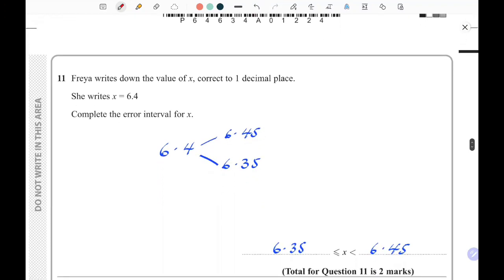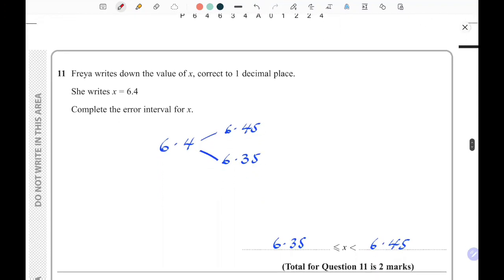Number 11. This is perhaps a little simple for a calculator paper. It doesn't require any calculation. Freya writes down the value of x correct to 1 decimal place. So that means it's been rounded to just 1 decimal place, which is 6.4. So the 0.4 is the decimal place. And therefore, the maximum that number could have been is 6.45.